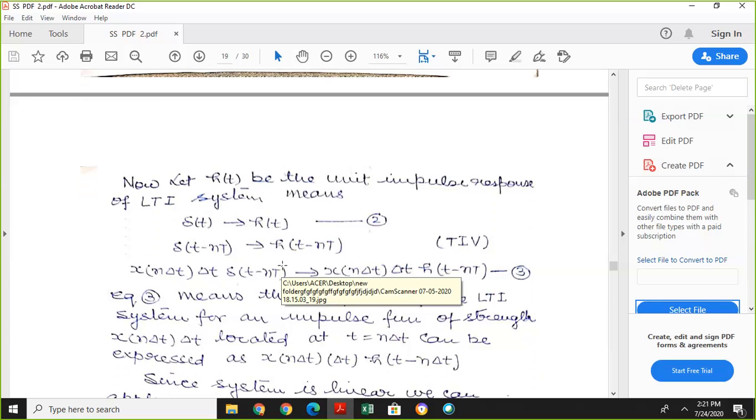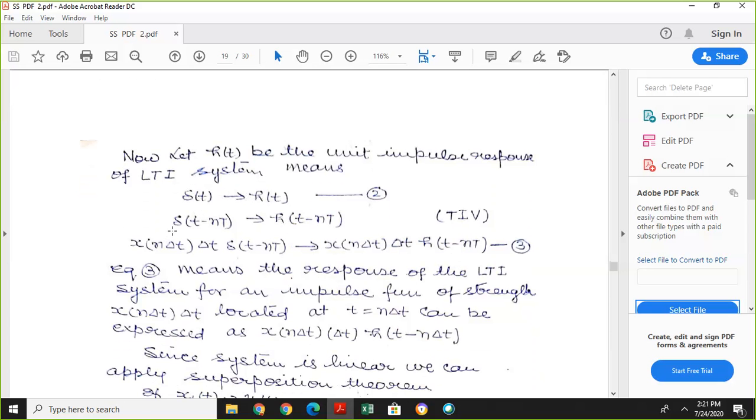Since this system is an LTI system, means linear time invariant system, and this system is time invariant. If we delay the input by n del t, output is also delayed by the same amount. So if we apply this input, we get this impulse response.